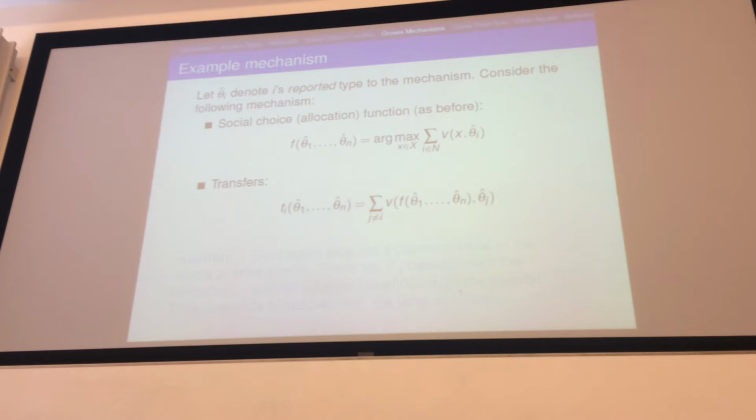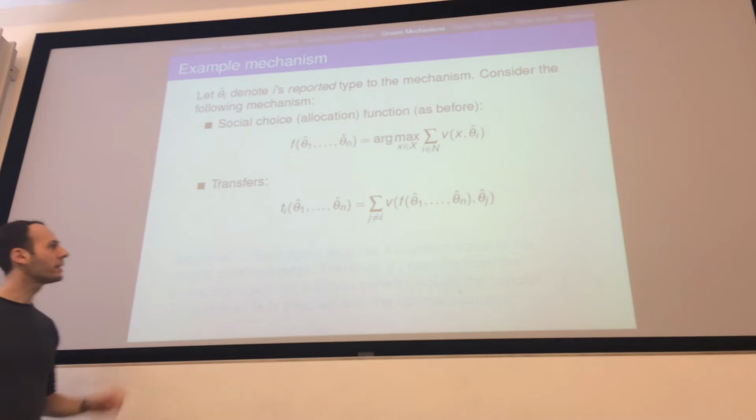So what does this mean? Ti is the transfer, the money that agent i receives. And we set that transfer as the sum of values of all other agents, j not i. So we take the sum of values, excluding our own.